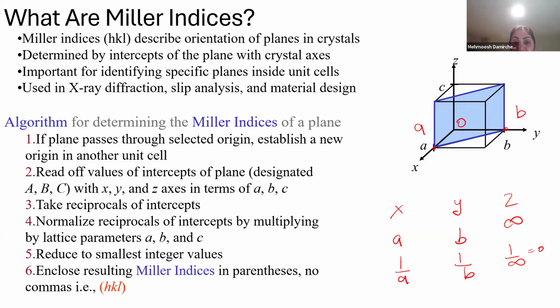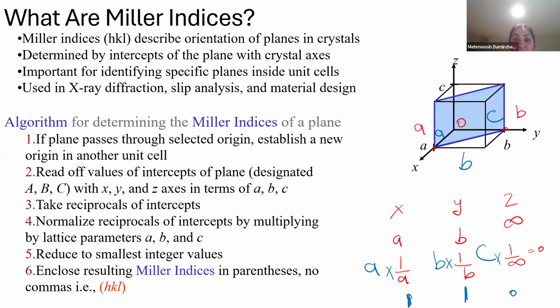The fourth step, normalize the reciprocals of the intercepts by multiplying by the lattice parameters. What are the lattice parameters? For example, the dimensions I show in different colors. The dimensions of this cell in the x-axis is A, in the y-axis is B, and in the z-axis is C. So multiply by A, by B, and by C, because these are the dimensions of the cubic cell. A times 1 over A is 1, it's 1, and it is 0.